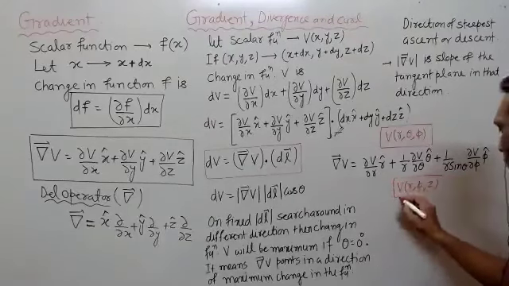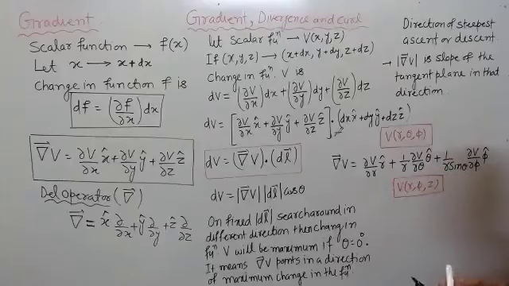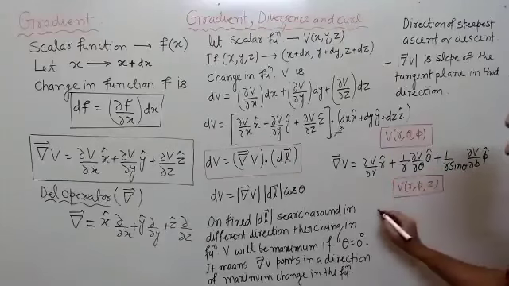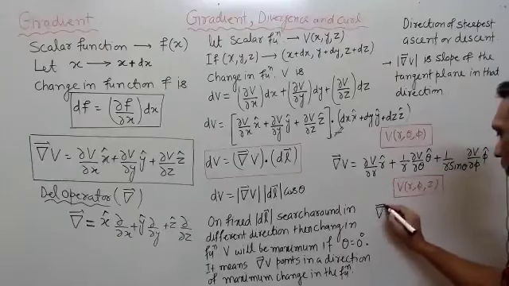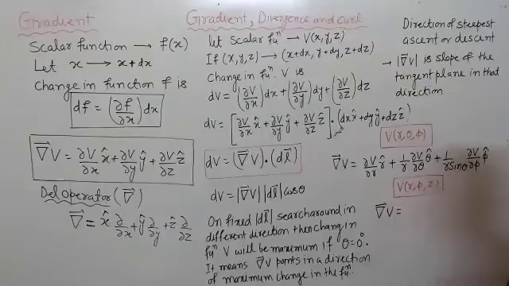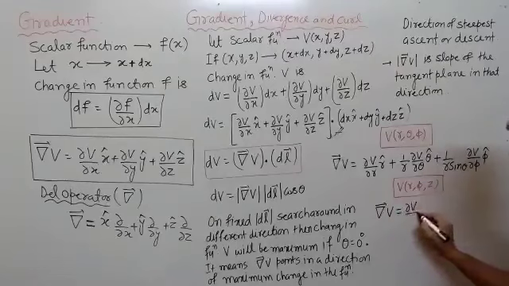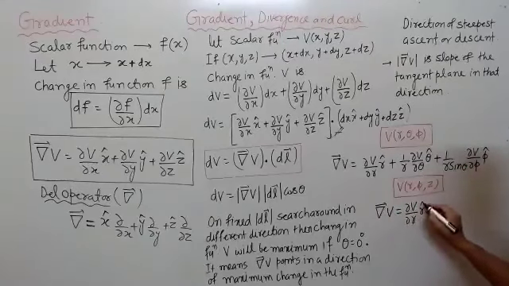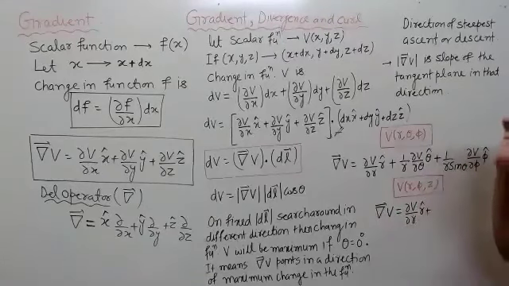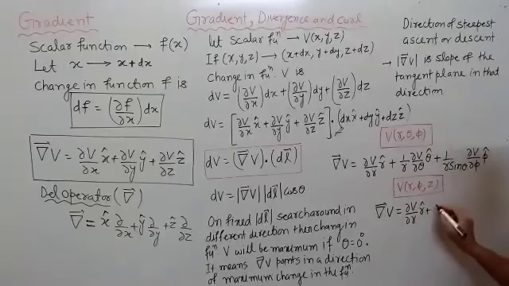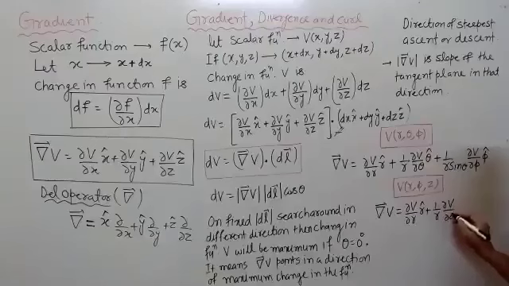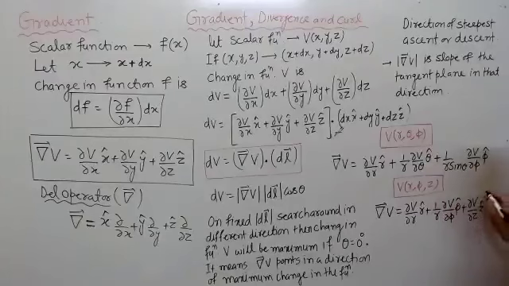We have to also calculate it in cylindrical coordinate. So gradient of V is del V by del r r cap plus 1 by r del V by del phi phi cap plus del V by del z z cap.